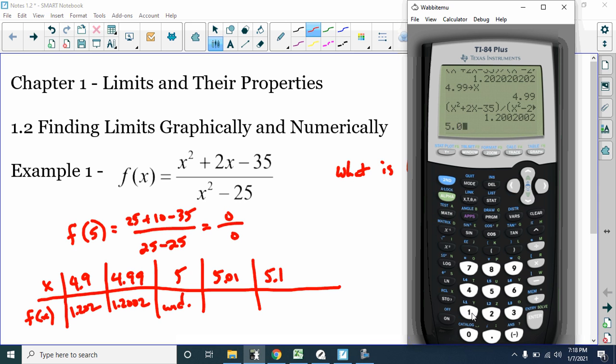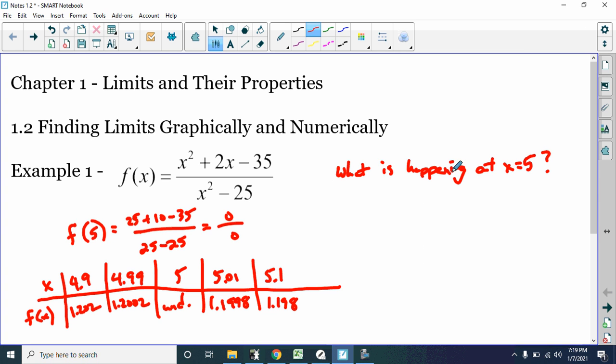If I plug in 5.01, I get 1.1998. And plugging in 5.1 gives me 1.198, I think. Yeah, 1.198.